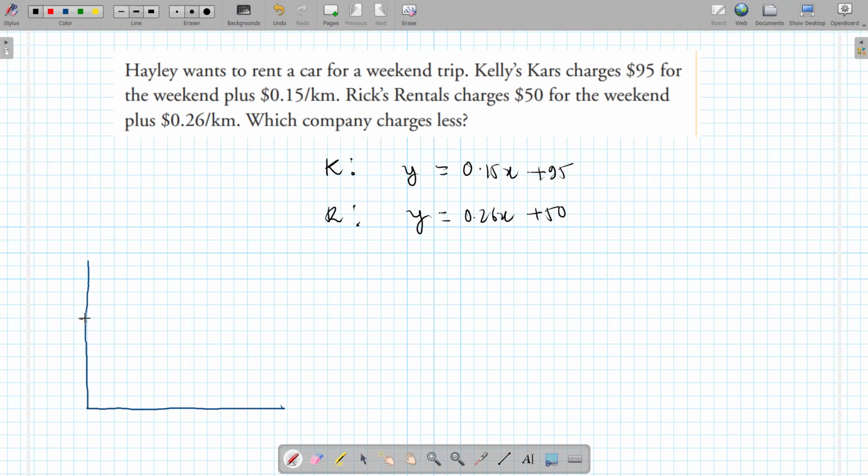Kelly's has a higher y-intercept at 95, but the slope is less. It's less steep, more horizontal. Whereas Rick has a lower y-intercept, so the initial fee is lower, but it has a higher slope, so it's going to be steeper, more vertical. The higher the slope, the more vertical the line is.